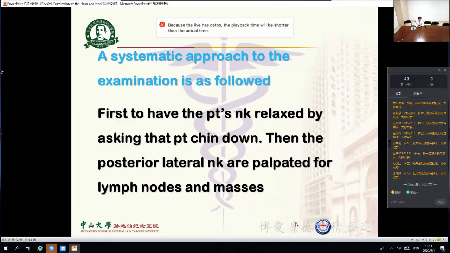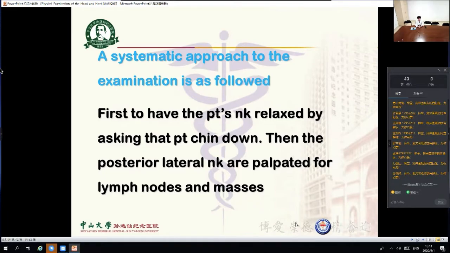A systematic approach to the examination is as follows. First, have the patient's neck relaxed by asking the patient to chin down, to relax the muscle and the skin, and then you will be able to do the physical examination.